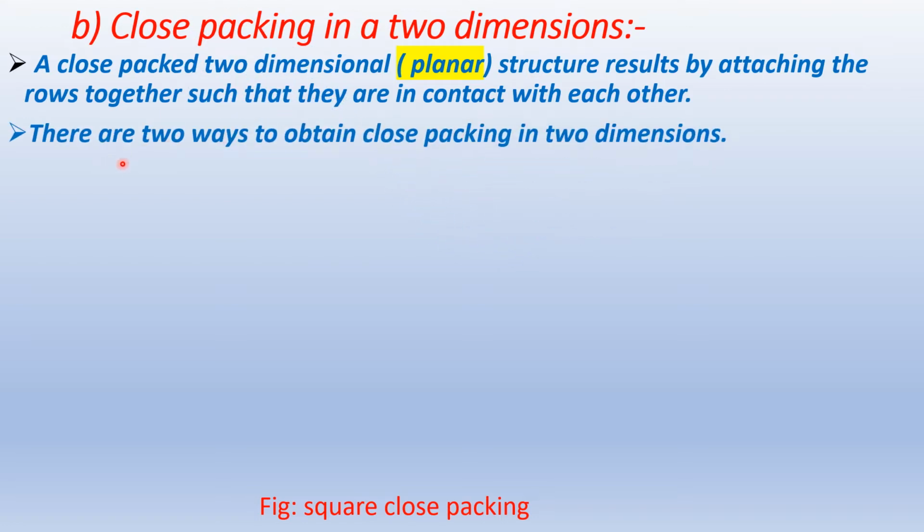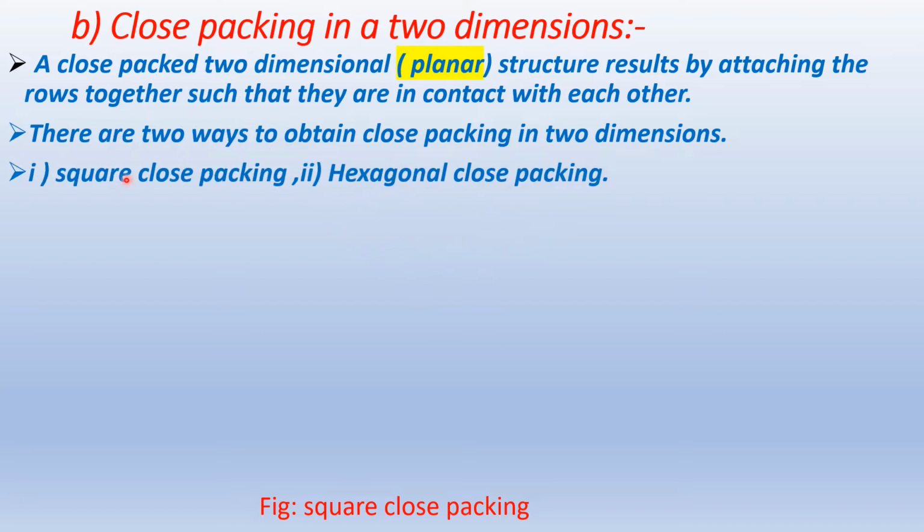There are two ways to obtain close packing in two dimensions. First one, square close packing.